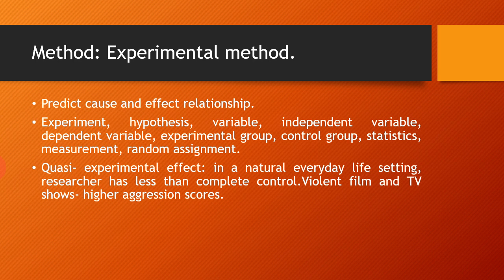And there is one method called quasi-experimental method, in which the researcher has less than complete control. The lack of control over the testing arises from the very fact that it is an everyday life setting. But the benefit is that the realism of the setting is relatively high and the control will be relatively low.